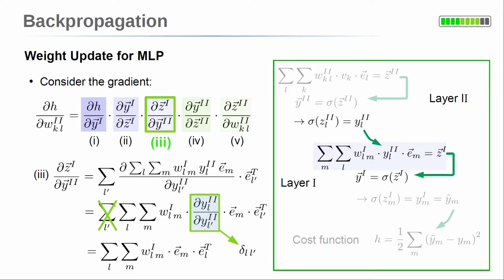This reduces the summations over L and L' to a single one. Here we choose the index L. This gives us the sum over L and M of the weights of the output layer w_LM of layer 1 times the unit vector e_M times the unit vector e_L transpose.